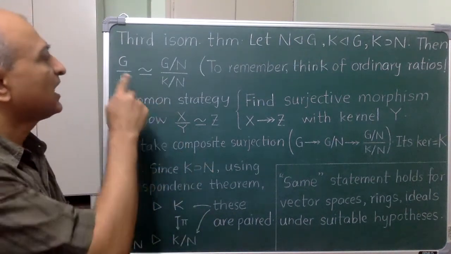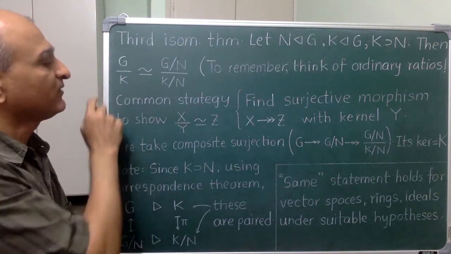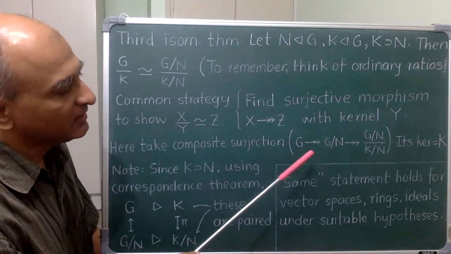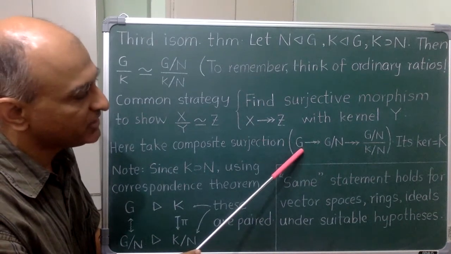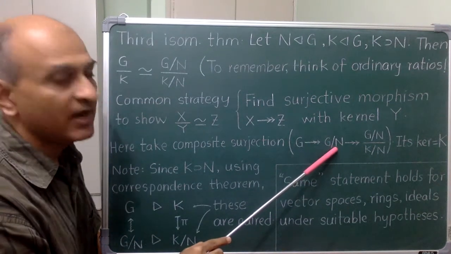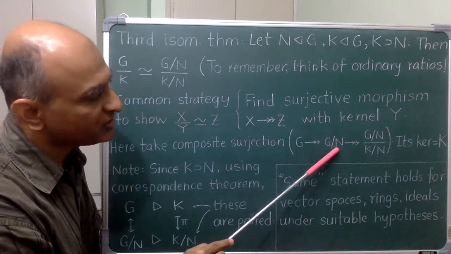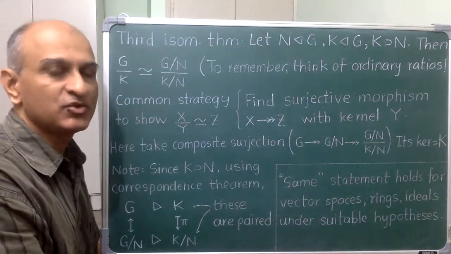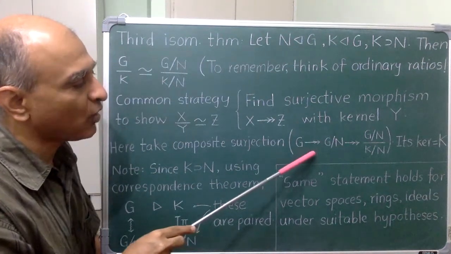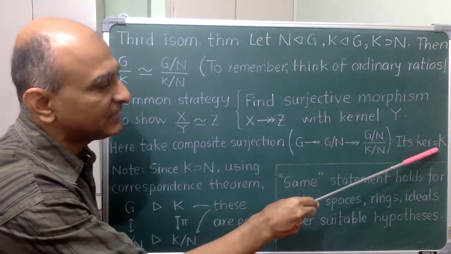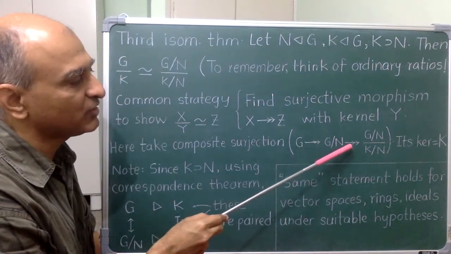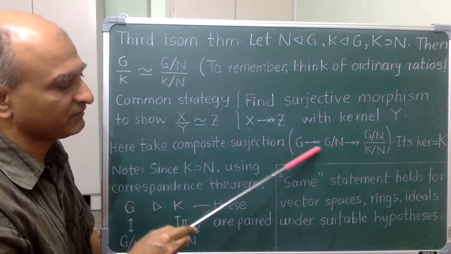In this case, I want X to be G and Y to be K. I start with the quotient map from G to G mod N and follow it with quotient by K mod N. It is easy to check that the kernel of this composite map is indeed K. Also, the composite map is surjective because both of these maps are surjective.